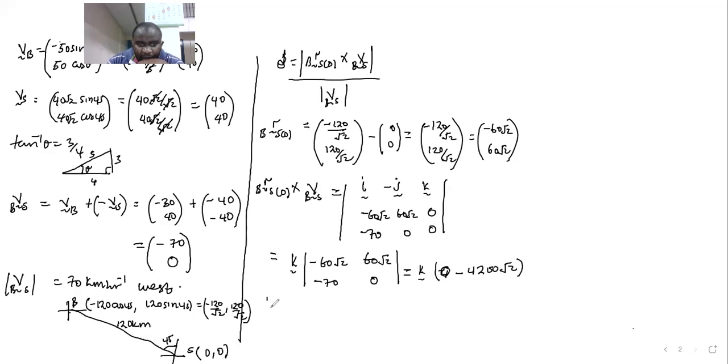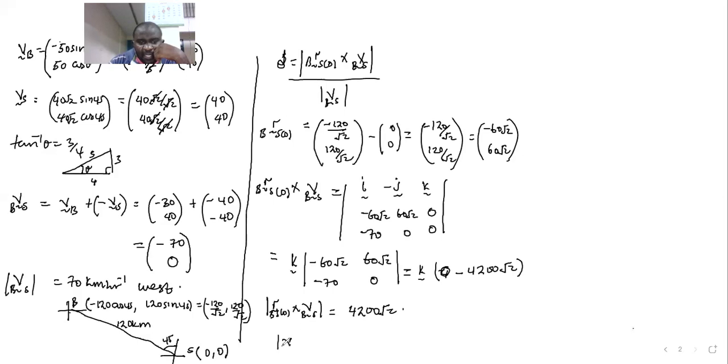So the magnitude of the relative position crossed with the relative velocity will confirm the square of this under the square root, which will give us that very term, which is 4,200 root 2.